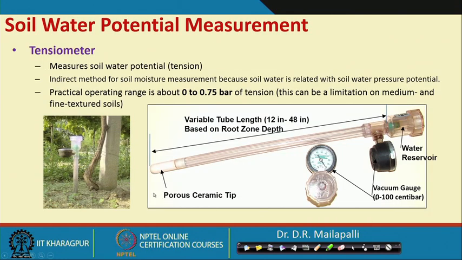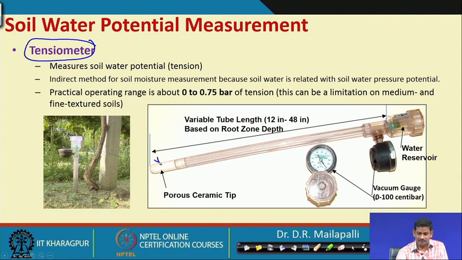So, how to measure the soil water potential here? The soil water potential is generally measured with tensiometers. The tensiometer has a long tube, and at the bottom there is a porous ceramic tip, and at the top there is a water reservoir, and there is a vacuum gauge attached to that, which is read between 0 to 100 centibars.